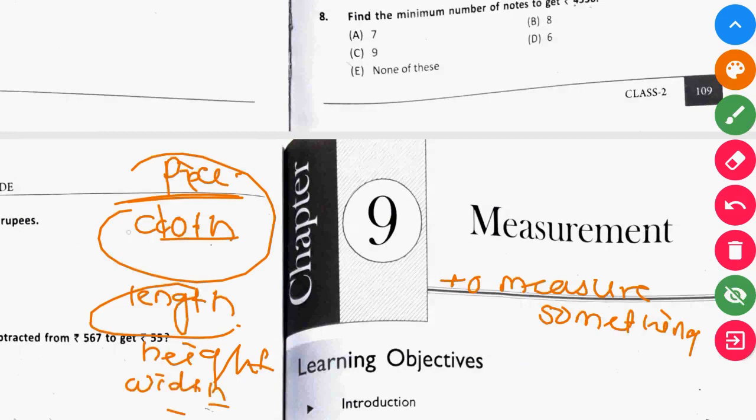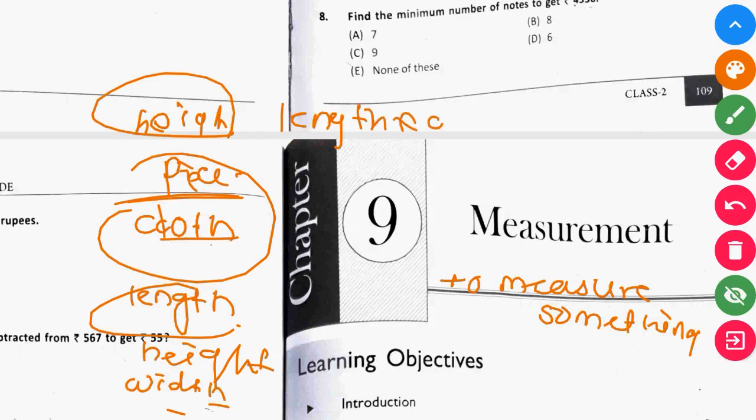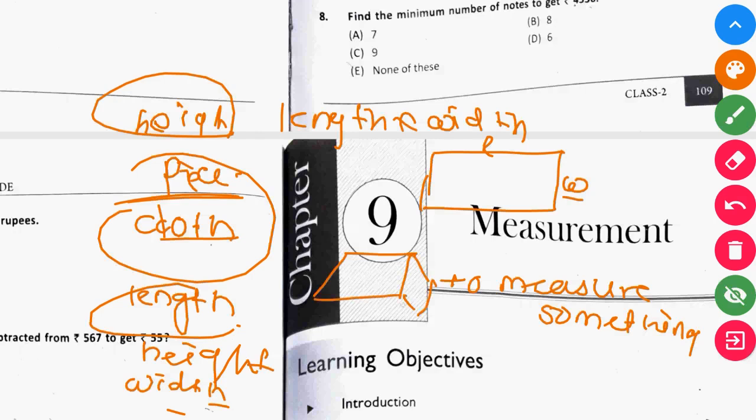For a three-dimensional thing we measure height, and for a two-dimensional thing we measure length and width. For example, if we talk about geometrical shapes, if we have a rectangle, then we measure the length and the width of the rectangle. If we have a cube, we measure its length, width and its height.